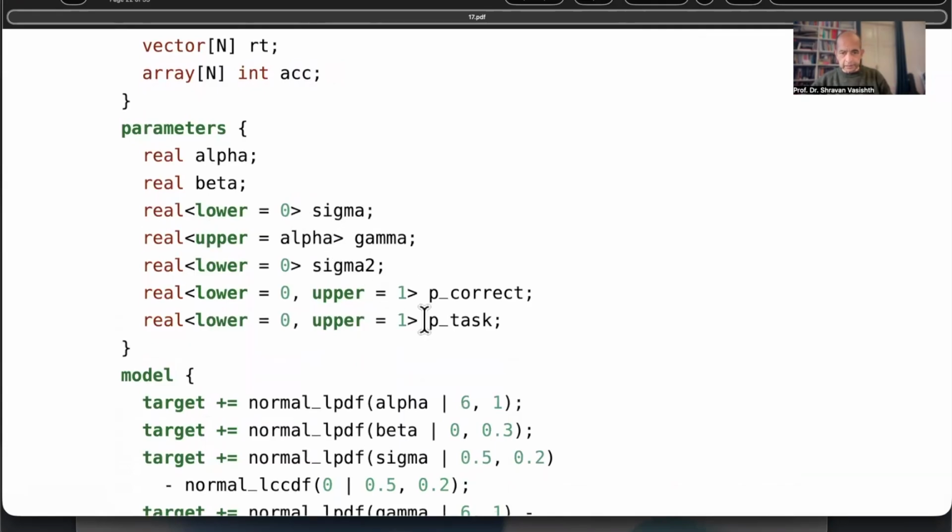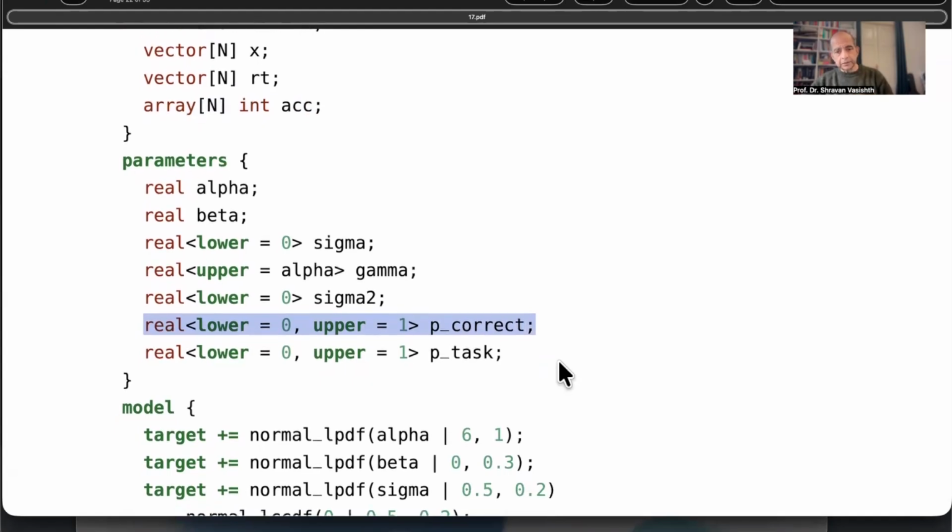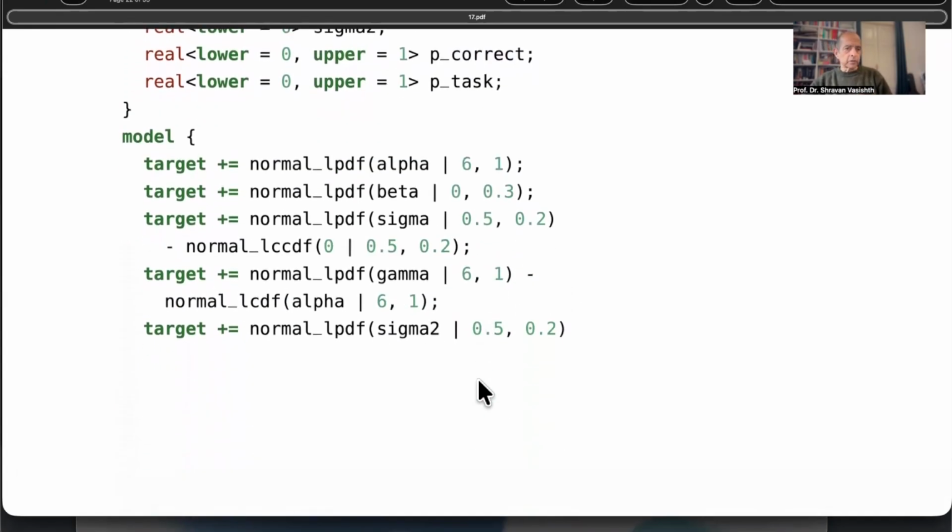The only new thing is the probability of a correct response, that comes in the Bernoulli distribution where you're task engaged, okay? So there are only two new things here. One thing is new here and the other thing that's new is here, okay? But there's a probability, so it's constrained between 0 and 1. So the model looks like this.